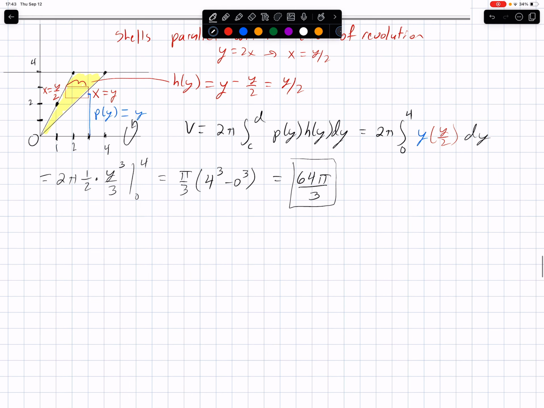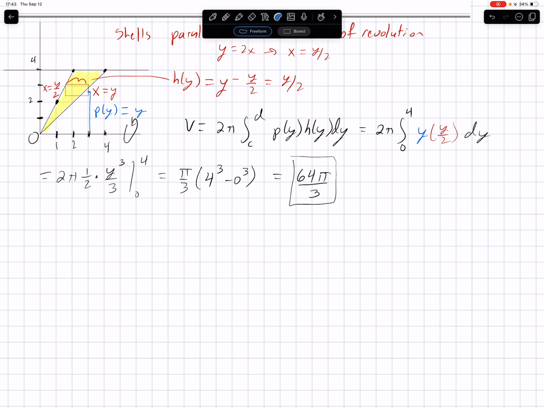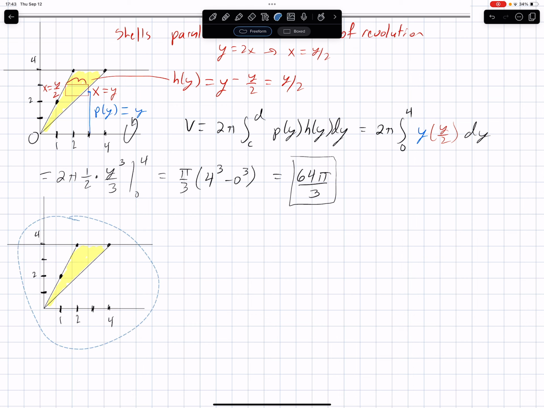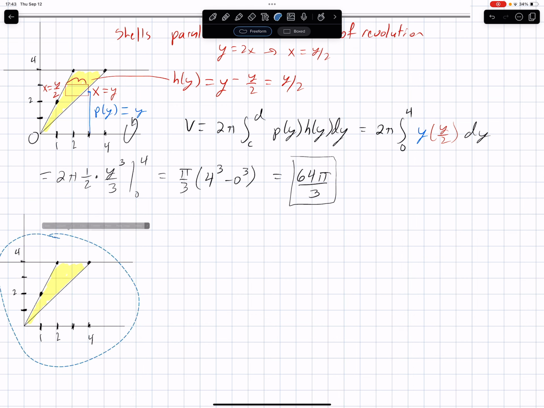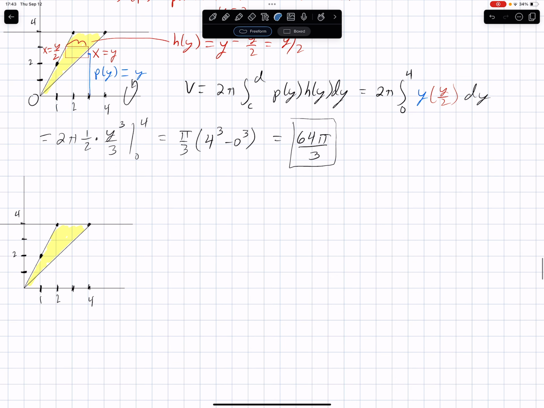Now, I think I cut it off when I copied this, but they also want us to rotate around the y-axis. So we'd sketch the same region here. We want to rotate around the y-axis now, and so we've got to be a little bit careful here, because depending on where you're at, your upper function actually changes.